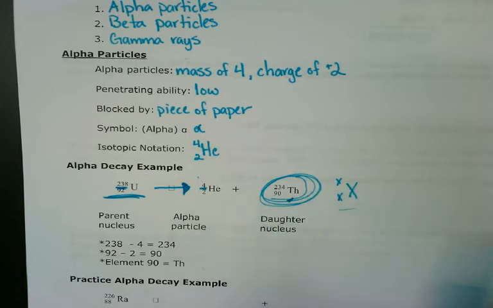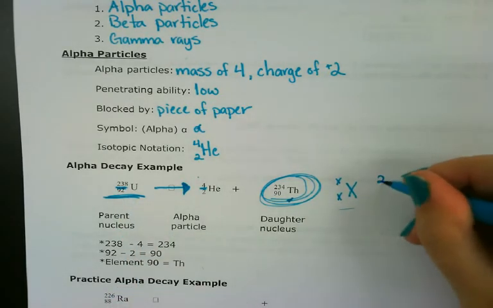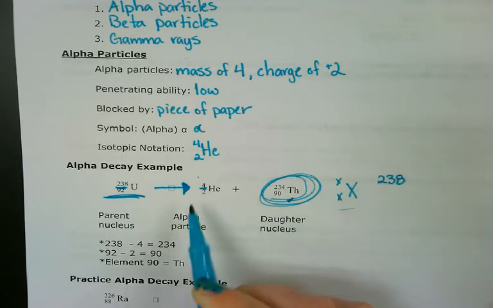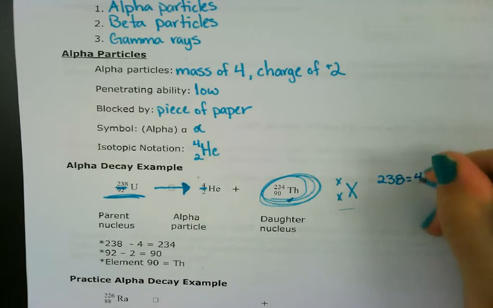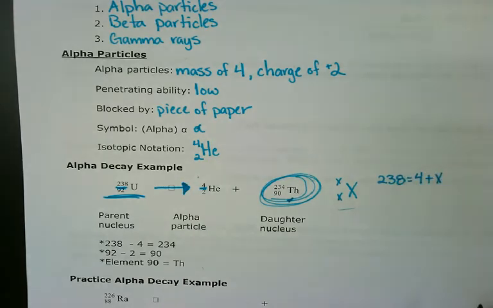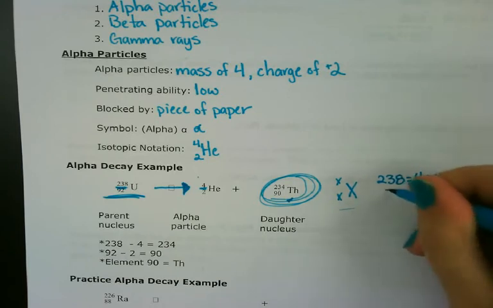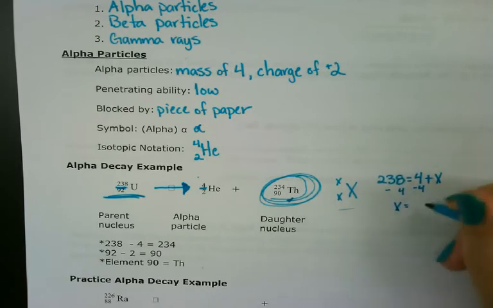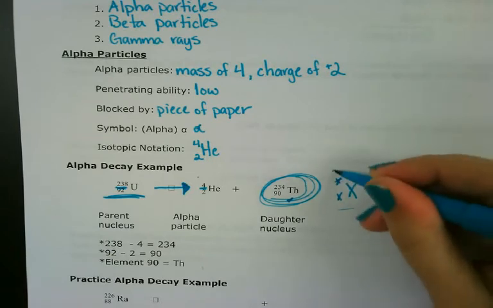And we're just going to plug in the X for what we're looking for, math, right? So we have 238, and then 4 over here. So we're going to pretend this is an equal sign: 238 equals 4 plus X. And what do we do in math to find X? We get it by itself, right? So we're going to subtract. So our X is going to be 234. Awesome. So we found that, right?